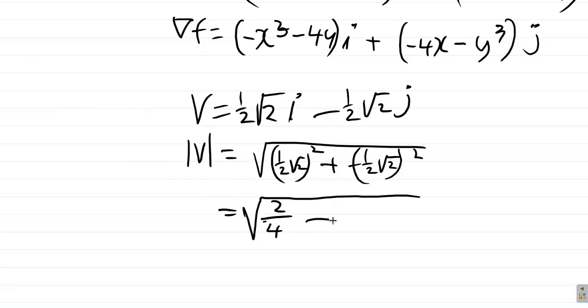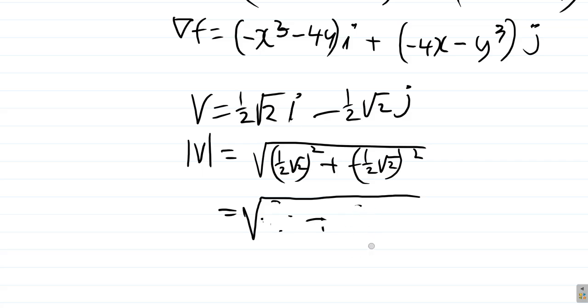2 over 4 plus the same thing. Half squared is a quarter. Negative half squared is a quarter. Square root of 2 squared, so you multiply that and it's 2 over 4. When we cancel down, this is a half plus half.